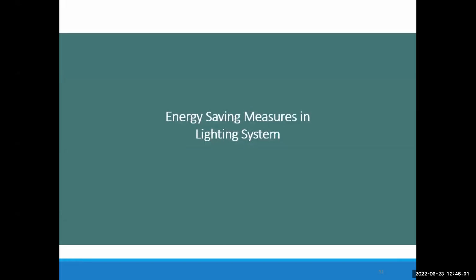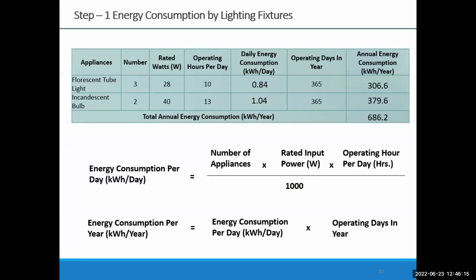So we will go step by step with different appliances available in a facility and try to find out what kind of energy saving opportunities are available. First one is energy saving measures in lighting systems. Generally in the olden days, if you take 10 years ago, mostly fluorescent tube lights and in some areas incandescent lamps were being used.